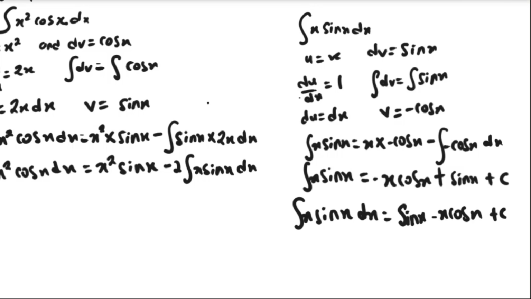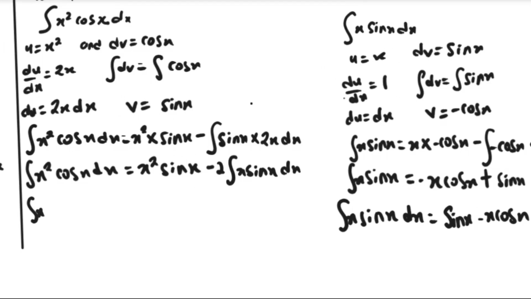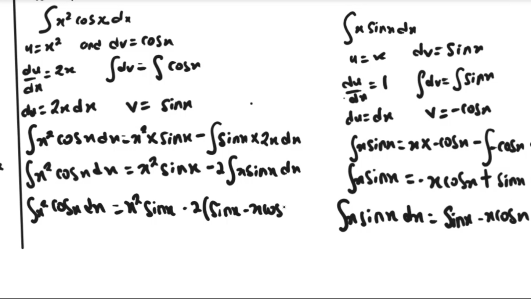So what it means here is that integral x squared cos x dx will give us x squared sine x minus 2 multiplied by sine x minus x cos x. Now I can close the brackets because if 2 multiplies a constant, it will still give you another constant.